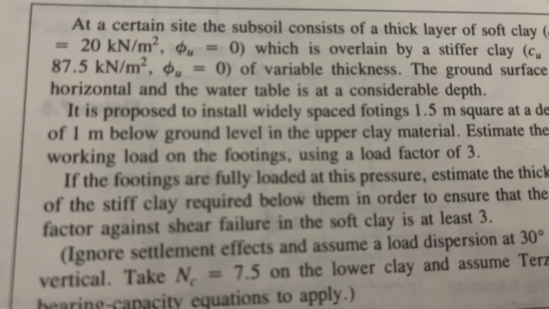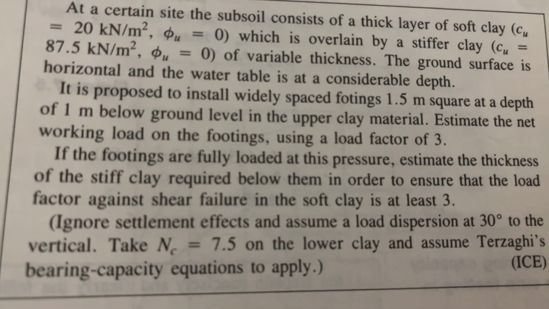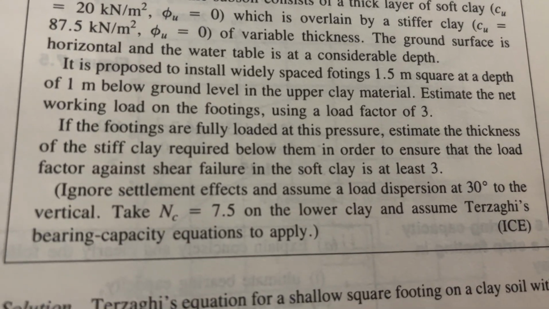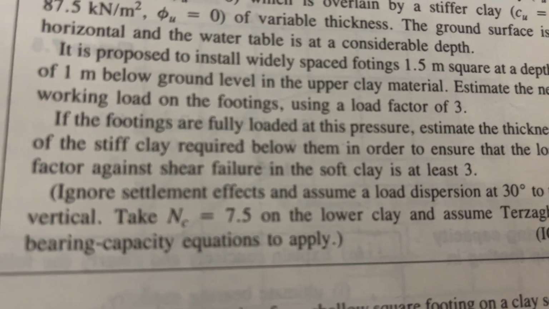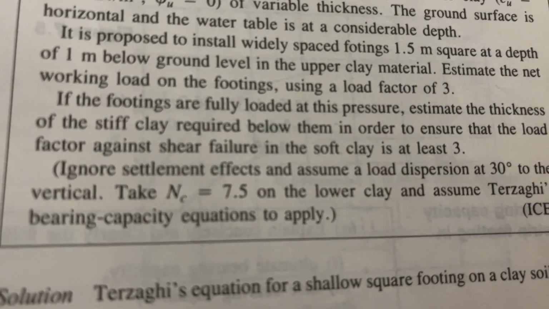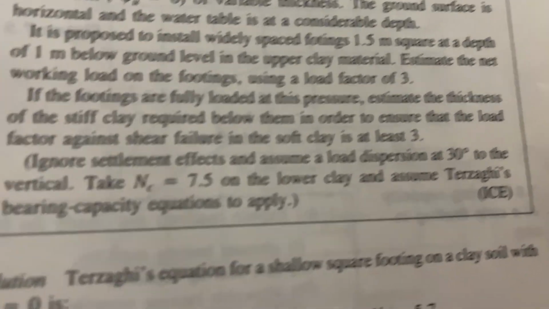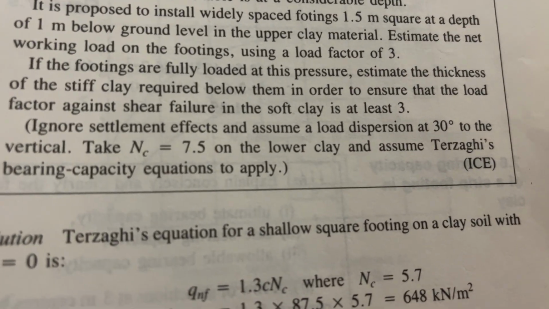It is proposed to install widely spaced footings 1.5 meters square at a depth of 1 meter below ground level in the upper clay material. Estimate the net working load on the footing using a factor of 3. If the footings are fully loaded at this pressure, estimate the thickness of stiff clay required below them in order to ensure that the load factor against shear failure in the soft clay is at least 3.